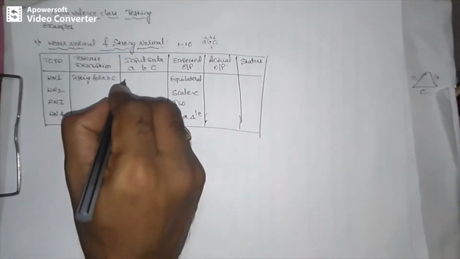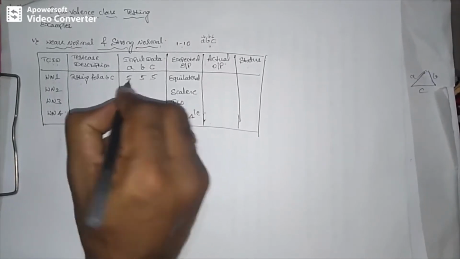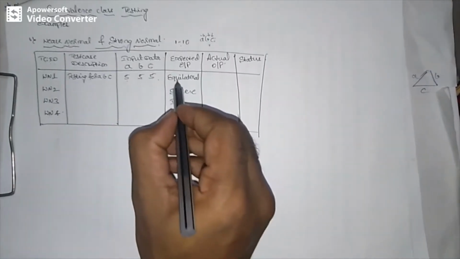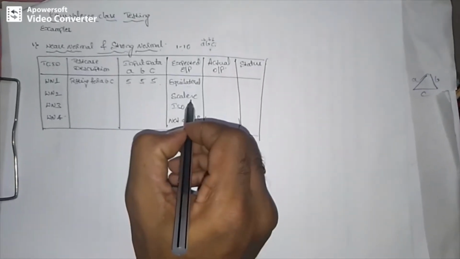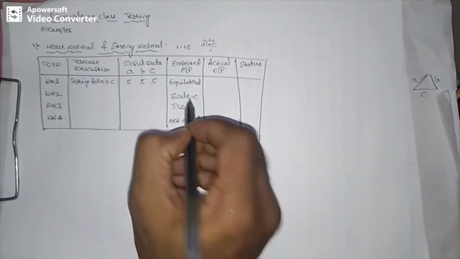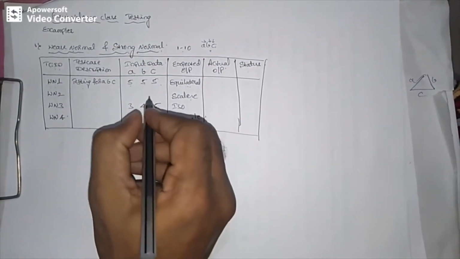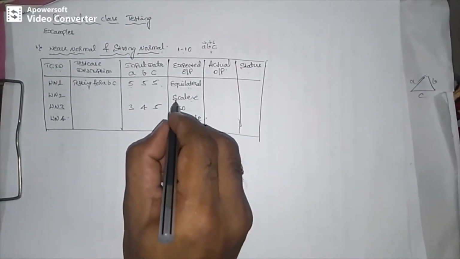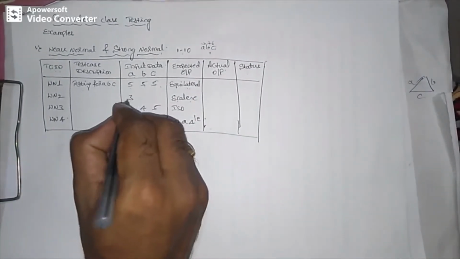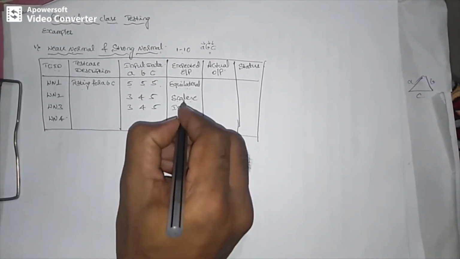Now let us consider. If I specify 5, 5, 5 as my first input, then my expected output result is equilateral triangle. To generate scalene as an output result, my input will be 3, 4, 5. If I specify 3, 4, 5, then my expected output result is scalene.